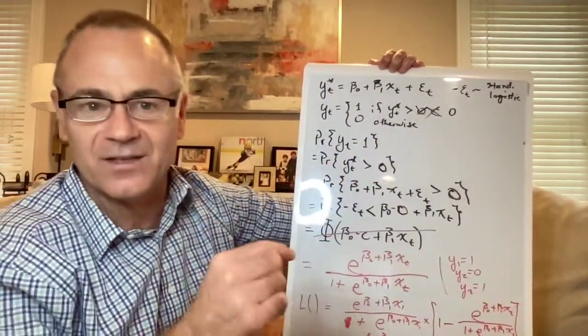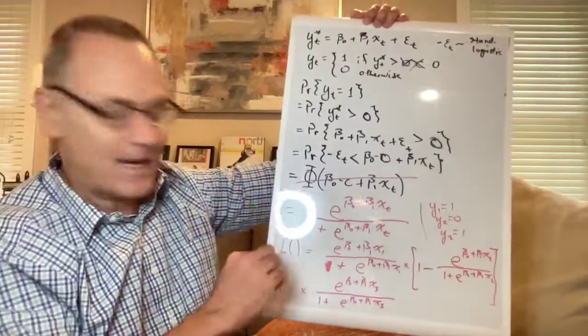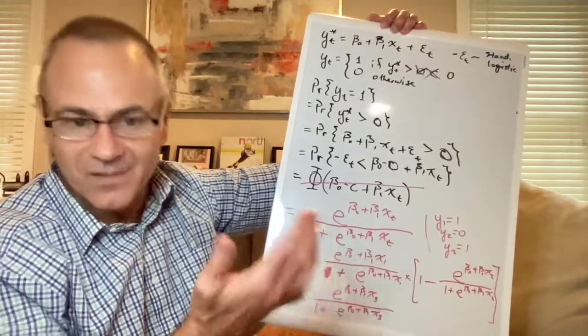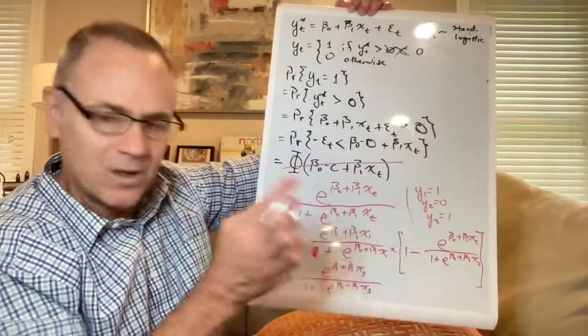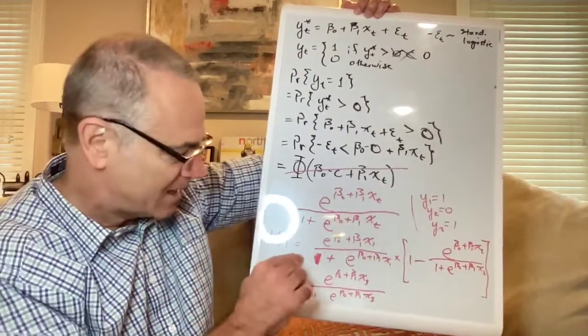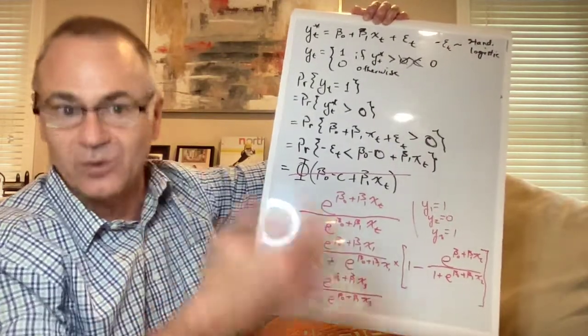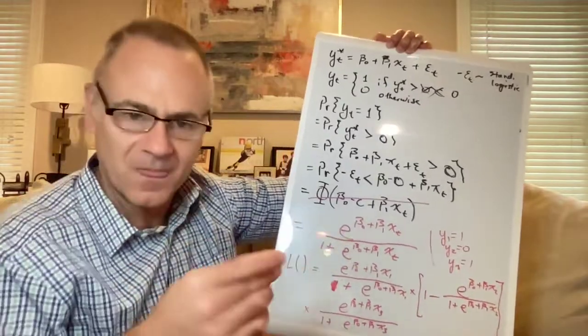If instead he had limited it to 2, he would have gotten the exact same likelihood function as a Logit. So note that once we get his likelihood function, it's going to look like the Logit likelihood function. Keep that in mind.